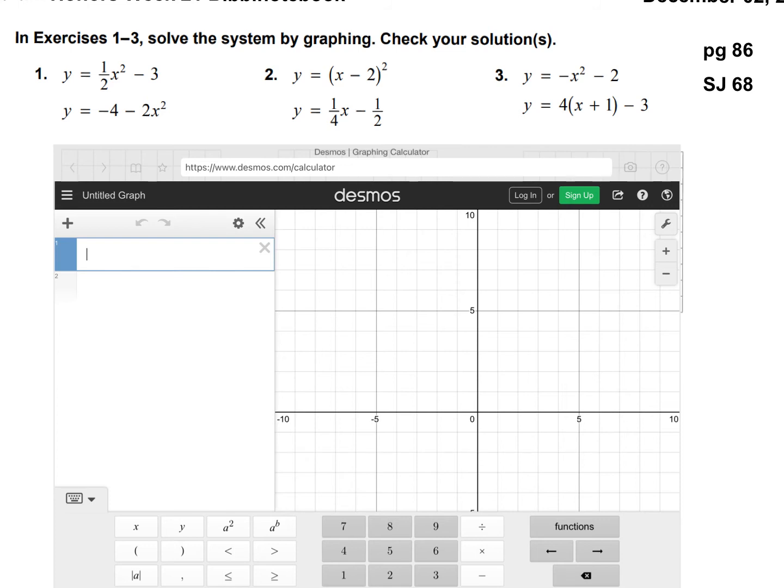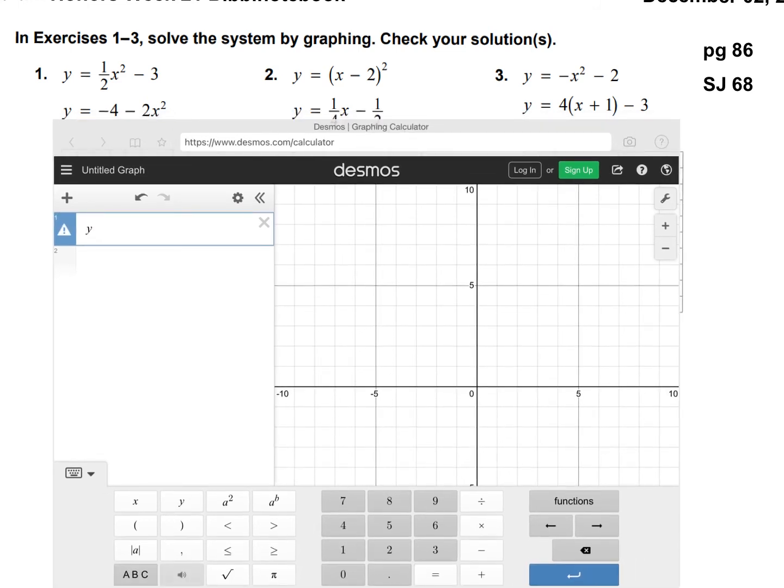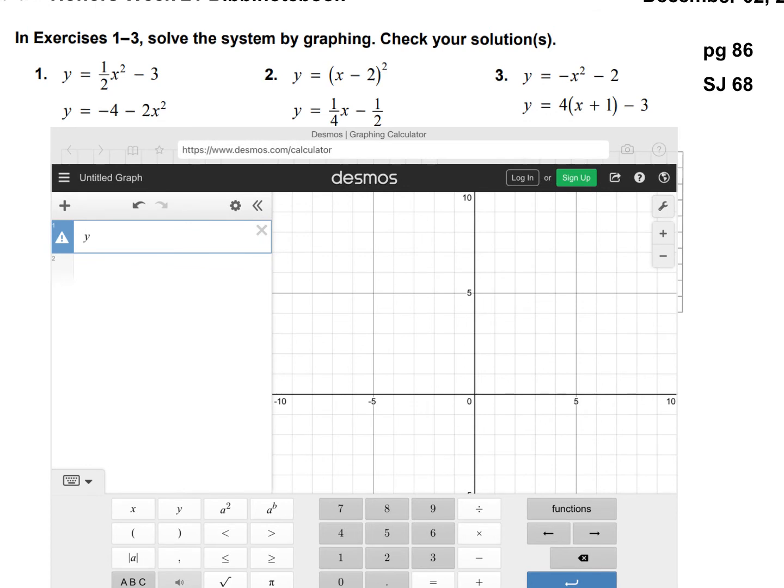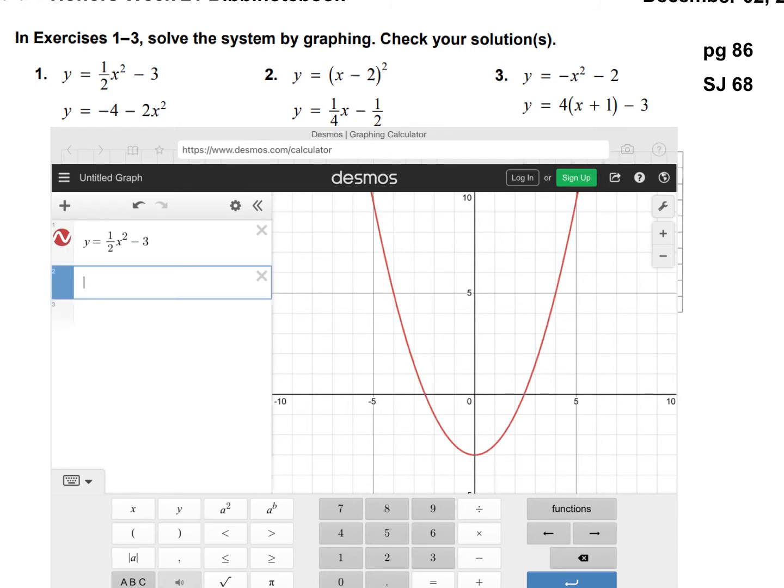I'm going to type in y equals, and there's a couple different ways to type this in, so I want to make sure you can see all ways. Y equals 1 divided by 2, 1/2, tap beside of it, x squared minus 3. And then tap on the second one, negative 4.